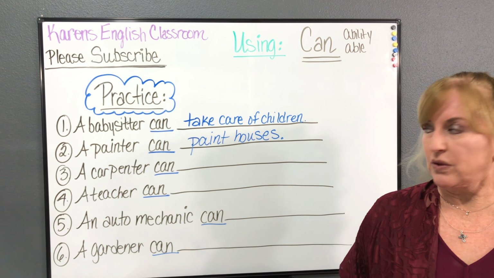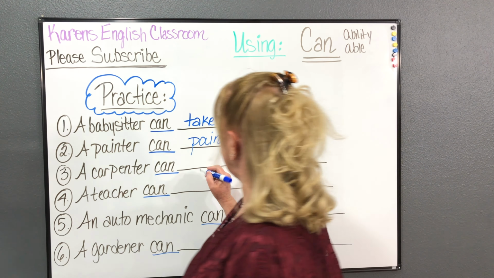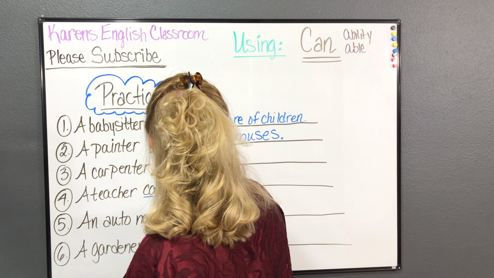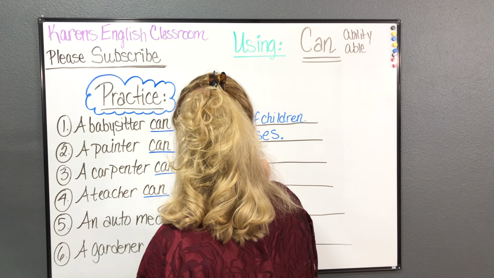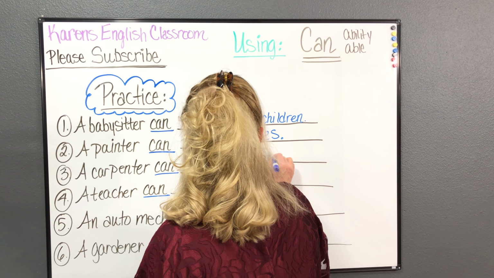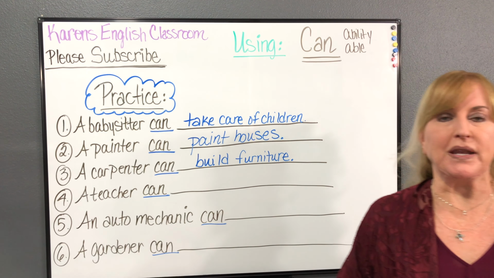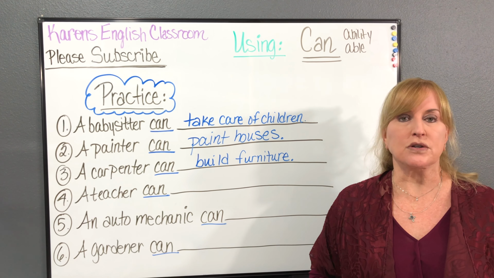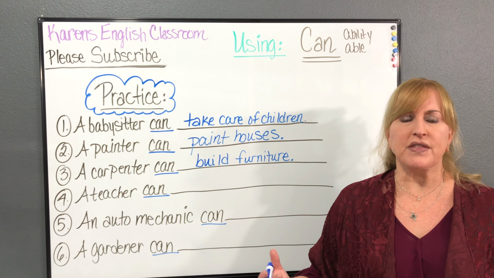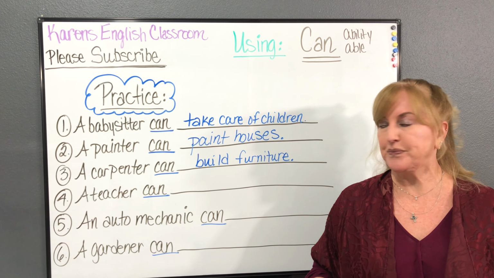So we'll think about that and say a carpenter can build or make furniture. And a carpenter can do many things. They can build bookshelves, entertainment centers. Lots of things with wood in someone's house or maybe in a building.